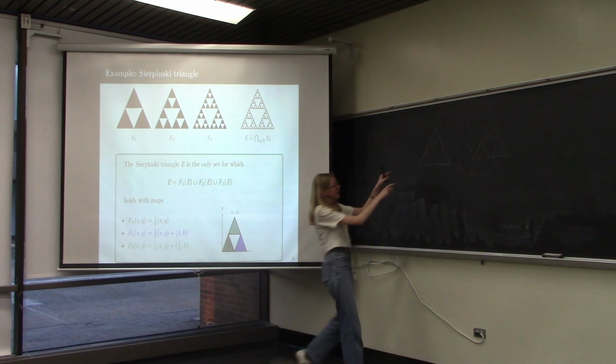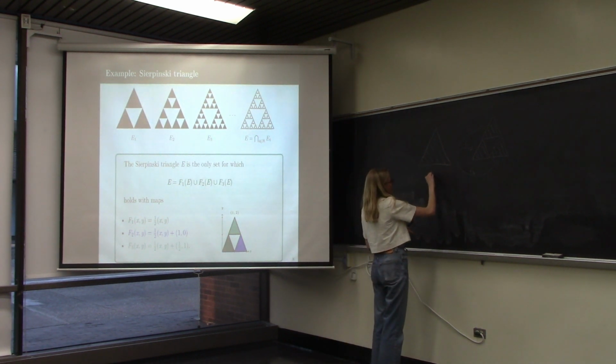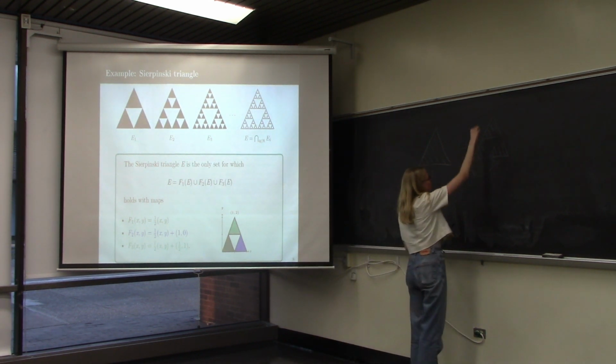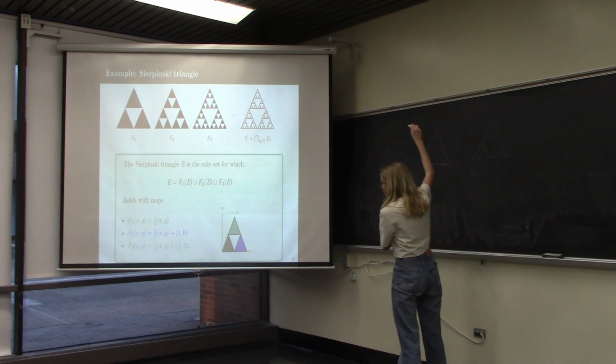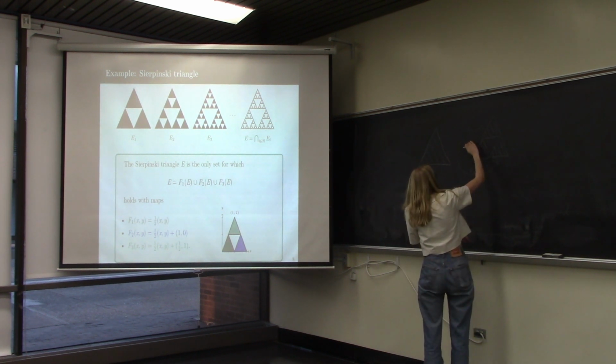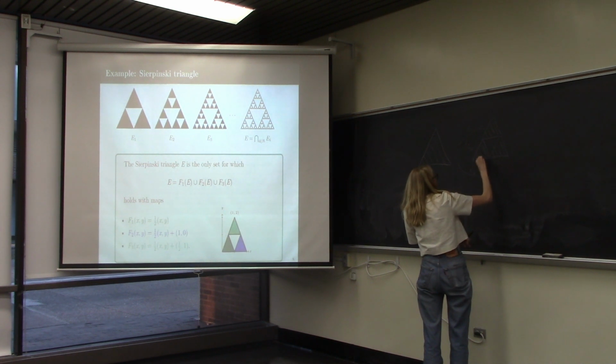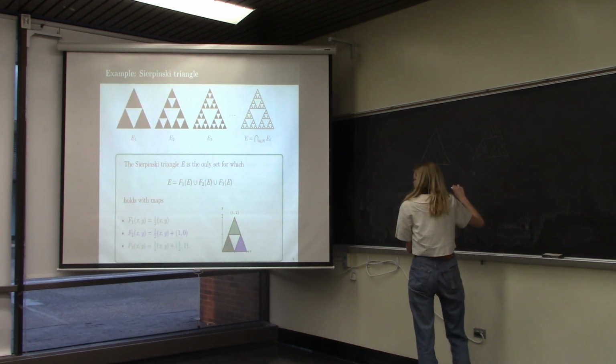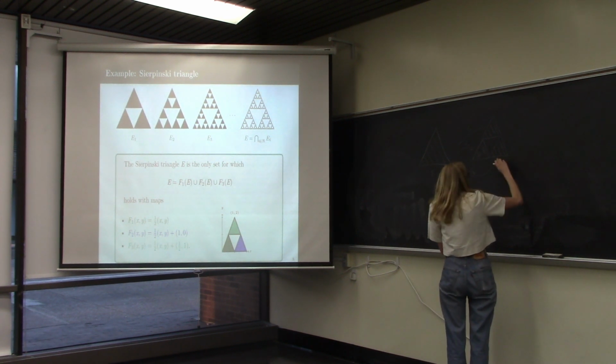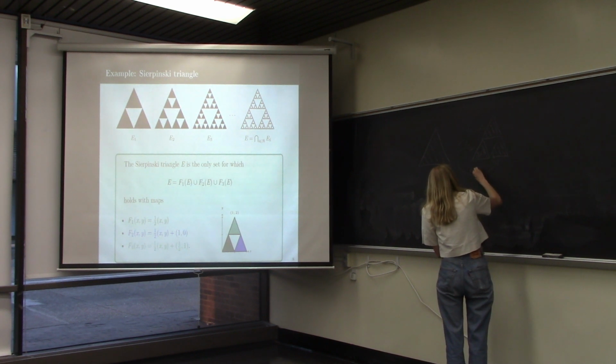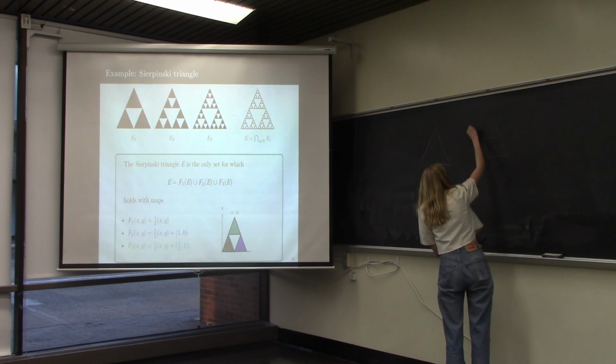So when this is my set E, then this is F1 of E. This is F2, and this is F3.